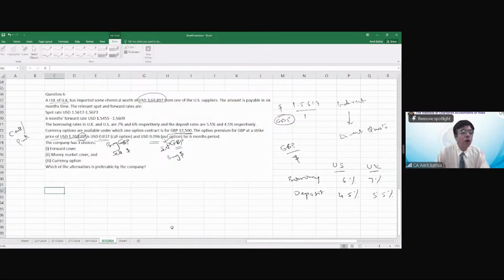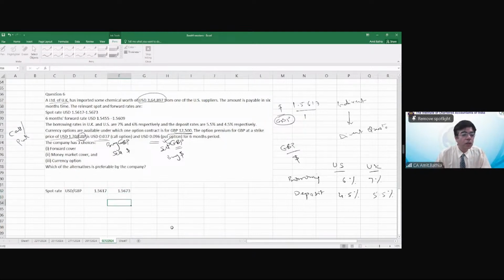So the spot rate that is given to us is USD to GBP 1.5617 and 1.5673.